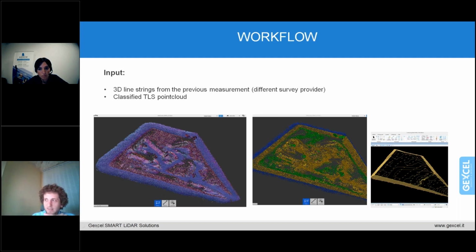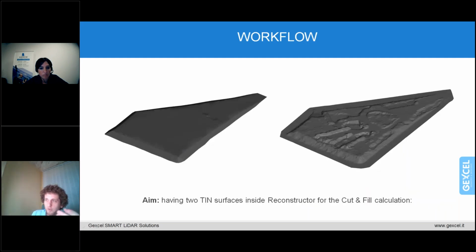Also, an interesting case is that the previous measurement was provided by another contractor of the constructor of this area, so we do not have our own data set to compare. We had to take it from a 2.5D line drawing within AutoCAD. But no problem, you can just construct a mesh out of it, and compare the two meshes with the proper tool of Reconstructor, which is called cut and fill.